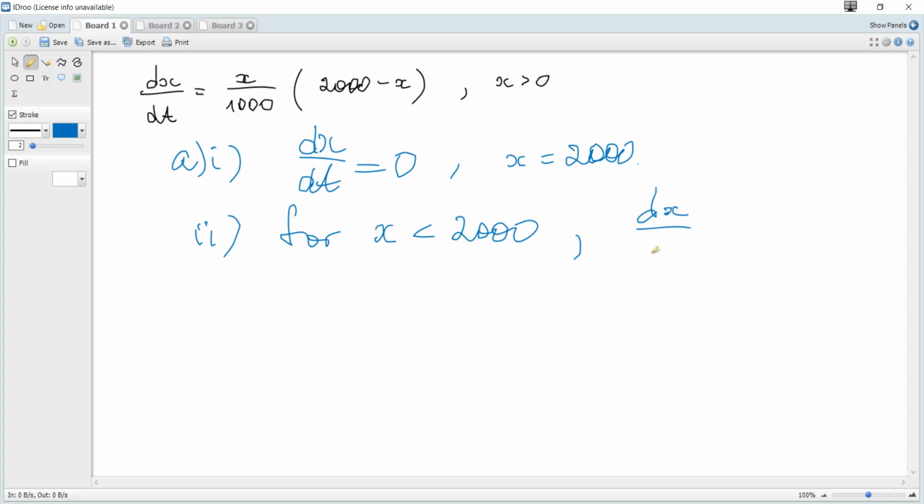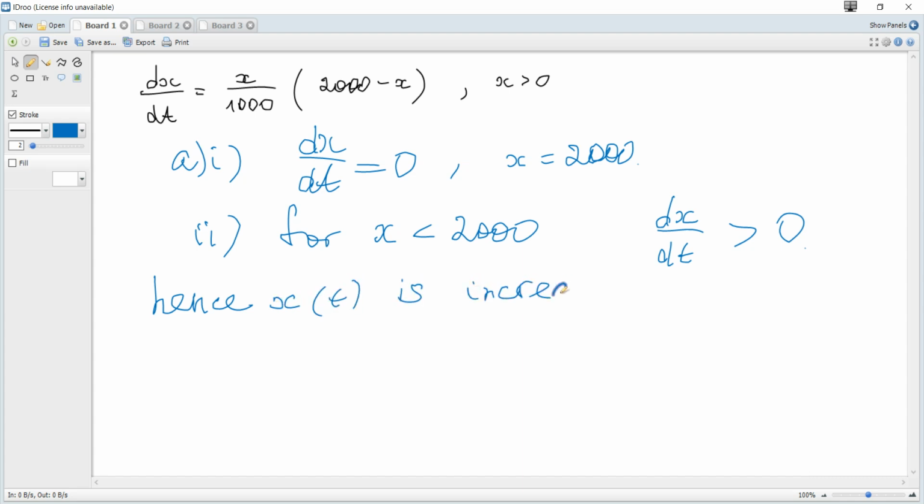So dx over dt is positive. It's clear because this factor is positive, this is also positive, and hence the product is also positive. Hence x of t is increasing.